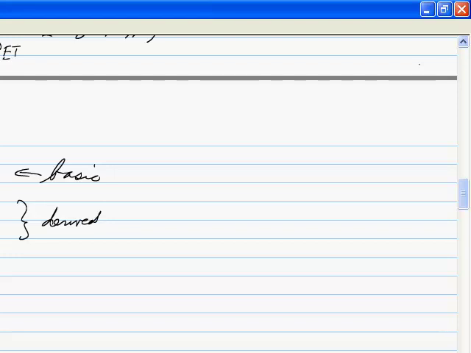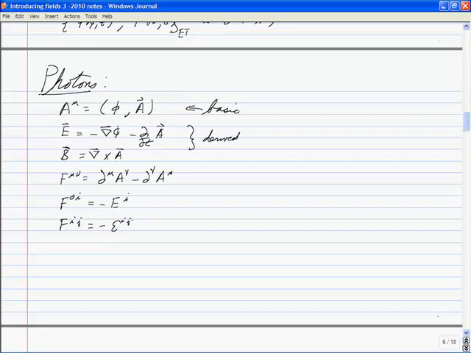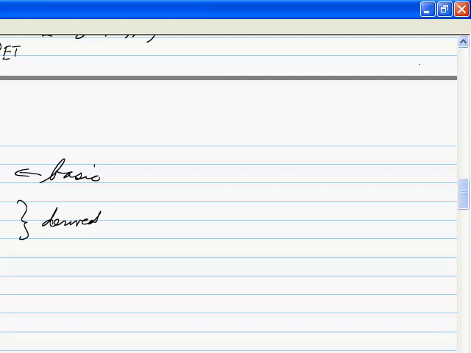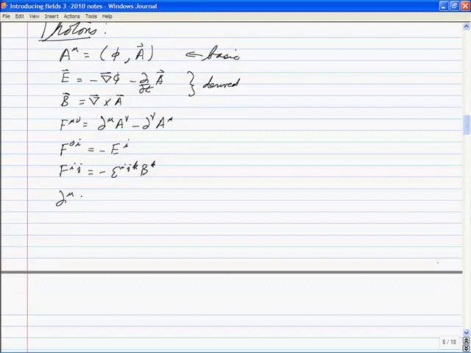That looks like del cross A. It's minus epsilon ijk Bk. F is antisymmetric, so these are the only components of it. The diagonal components vanish.